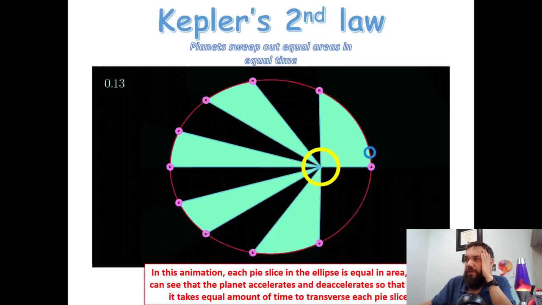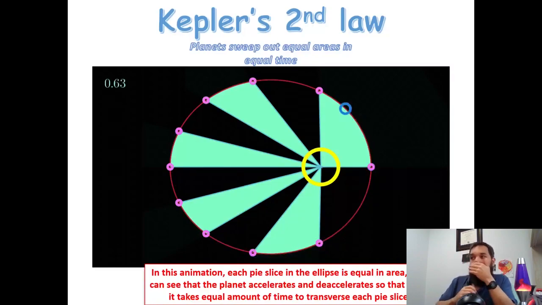What the person who did this animation did is they made all these green and black pie slices. Those pie slices are all the same size in terms of area. So with each of those pie slices, you're getting an equal size piece of pie.